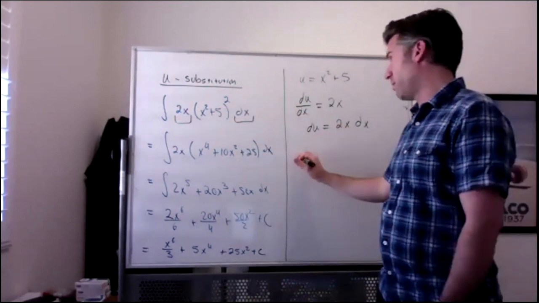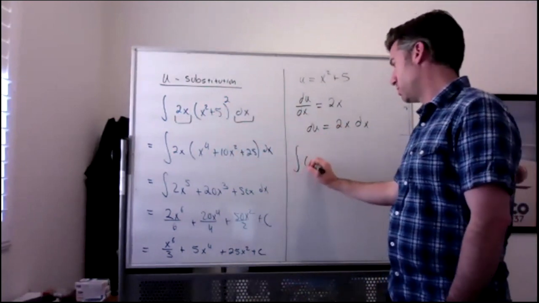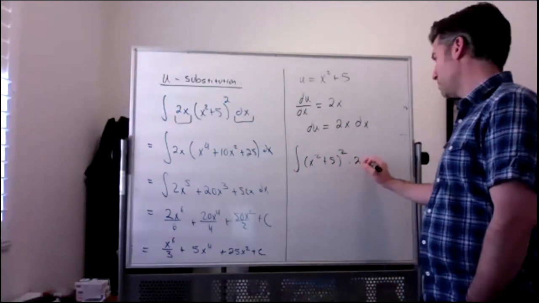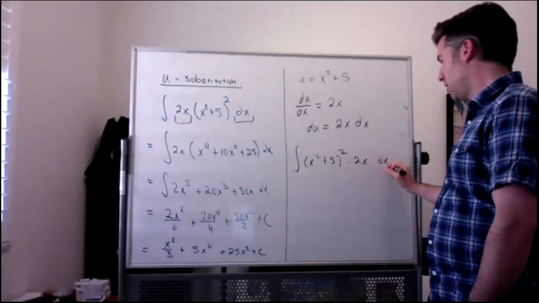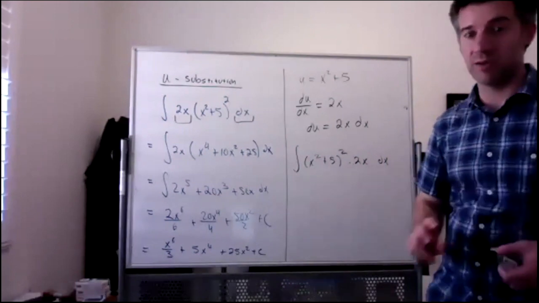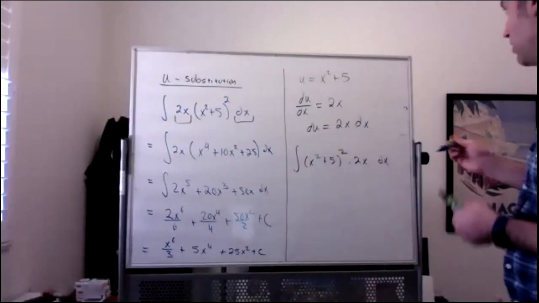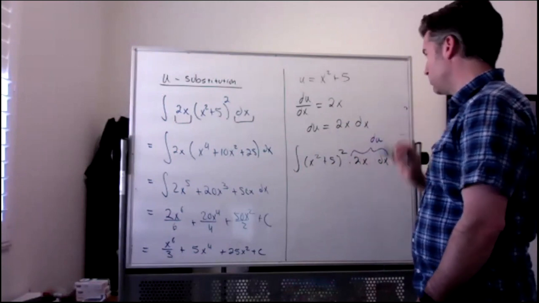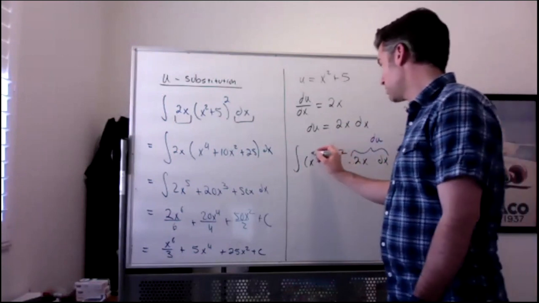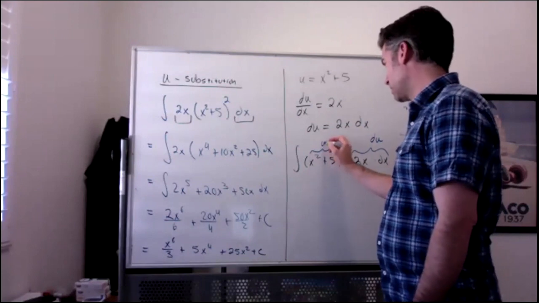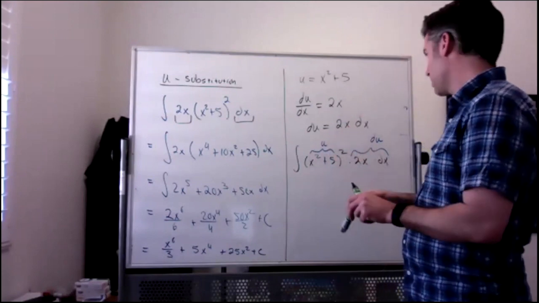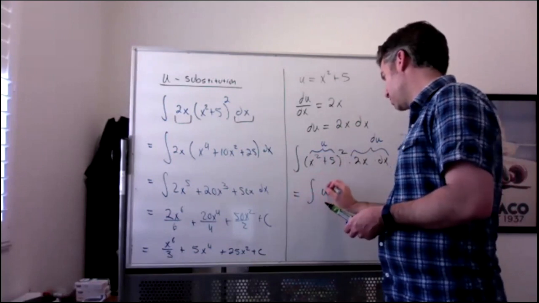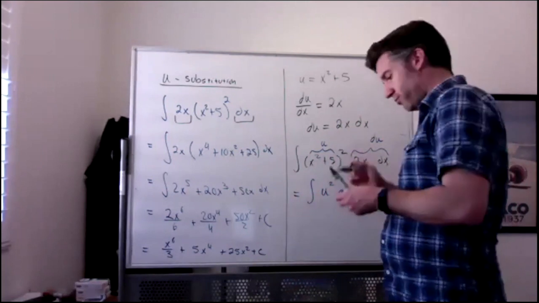So I'm going to write my integral as (x squared plus 5) quantity squared times 2x times dx. I reorder the multiplication just to make it easier to see the pieces together. This is exactly du, and this inside the thing being squared is exactly u. So I can rewrite my integral as the integral of u squared du.